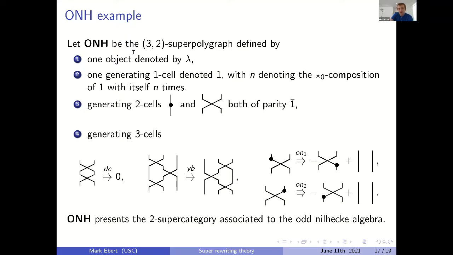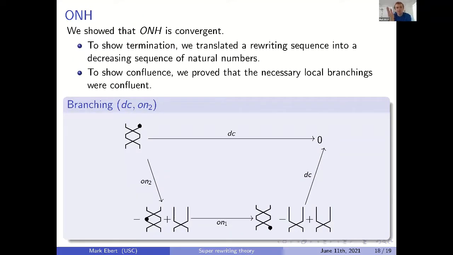To show termination, we did a similar thing as we did with the rewriting system presenting C[x,y], the polynomial ring. And to show confluence, we showed that the necessary branchings were confluent.